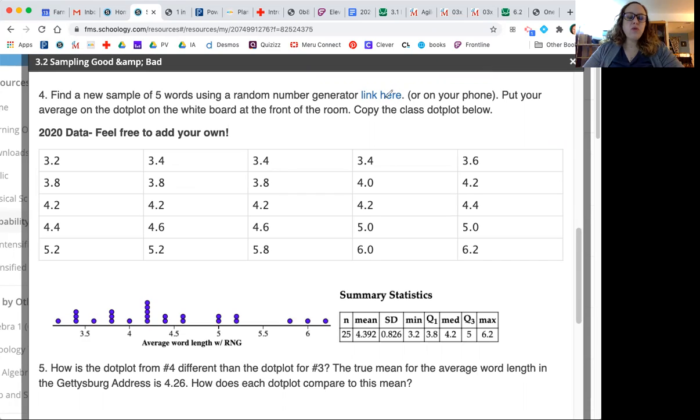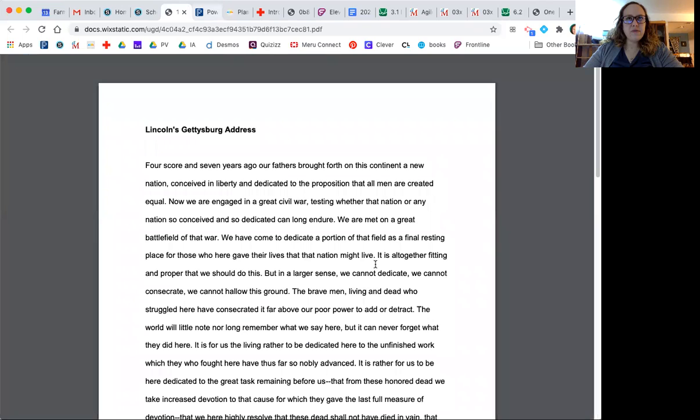So using a random number generator, say our number generator gave us 5, 18, and 7 or whatever. We would count to that word within the address and count the word length for that word.